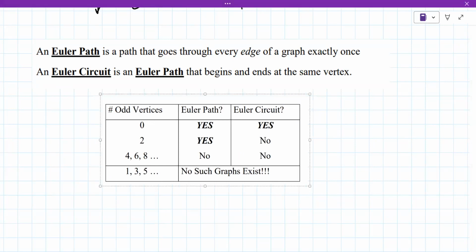I guess we can look at some examples, but they're just hard to show. So here's an Euler path.